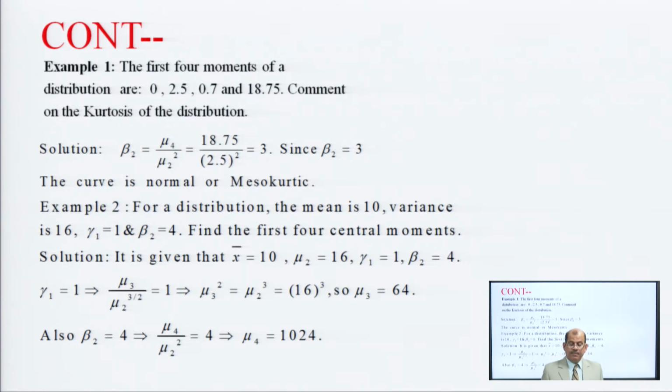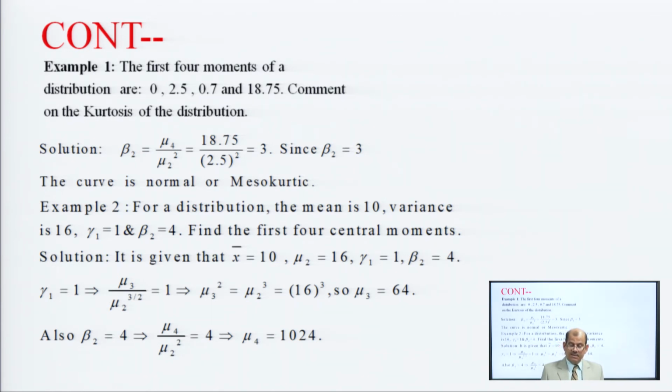Example 1. The first 4 moments of a distribution are 0, 2.5, 0.7 and 18.75. Comment on the kurtosis of the distribution. Solution. First we find beta 2. Beta 2 is equal to mu 4 divided by mu 2 square, which is 18.75 divided by 2.5 square.